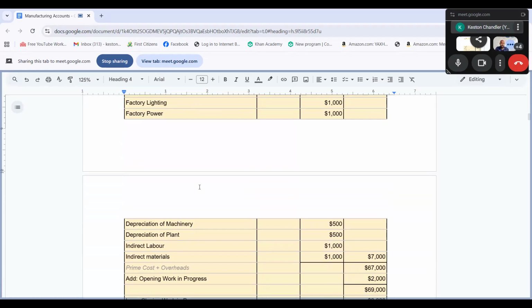Somebody that's not directly related to making the table, but they offer labor services. All of these are what we refer to as indirect expenses, or factory overheads. Everybody all right with that so far? Yes? Right.